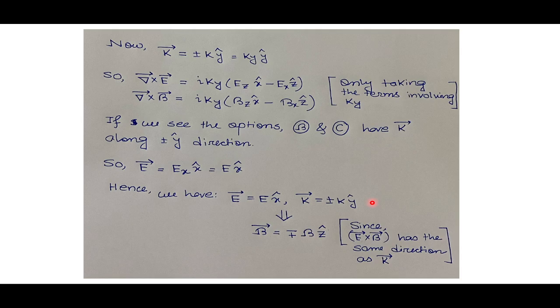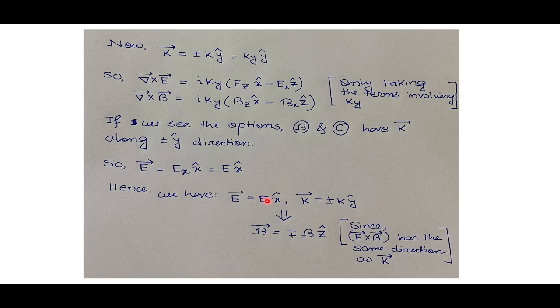I am also stuck in this case. I could not find a way. Can anyone please help me? If anyone has any idea how to proceed after that? Any idea? Sir, let us also take the E cross B and see.